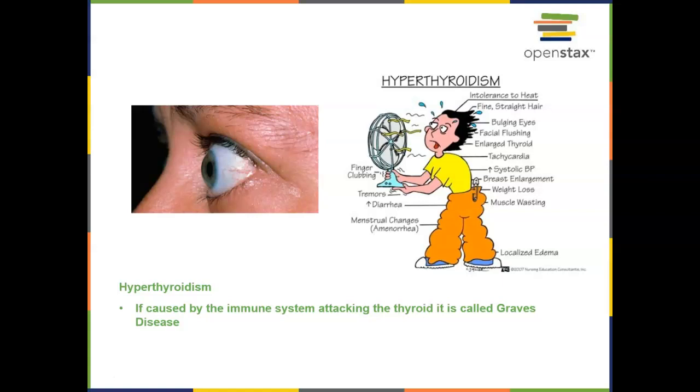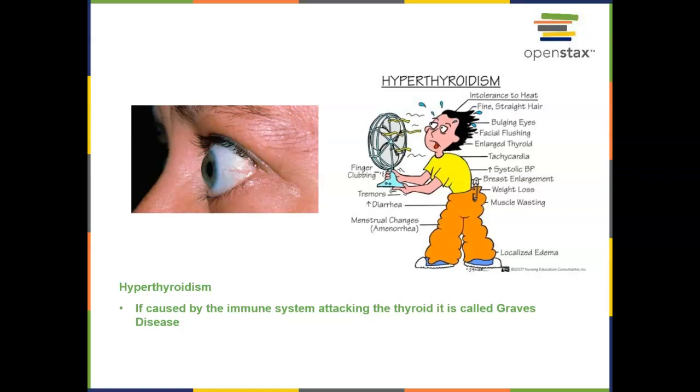So in hyperthyroidism, if it's your own immune system attacking the thyroid gland, it basically mimics thyroid stimulating hormone and binds to the thyroid gland, and it stimulates the constant production of thyroid hormone, because you have antibodies in your blood constantly. So they're constantly binding, causing an overproduction of thyroid hormone.